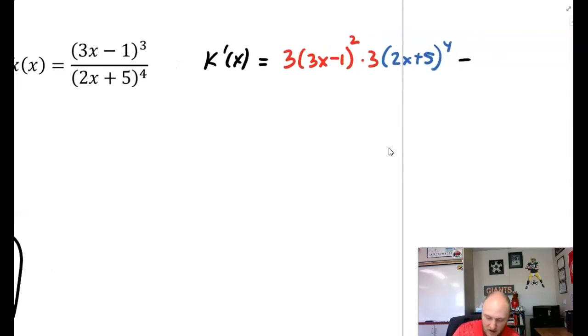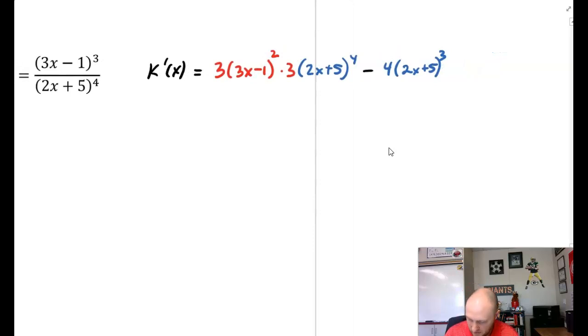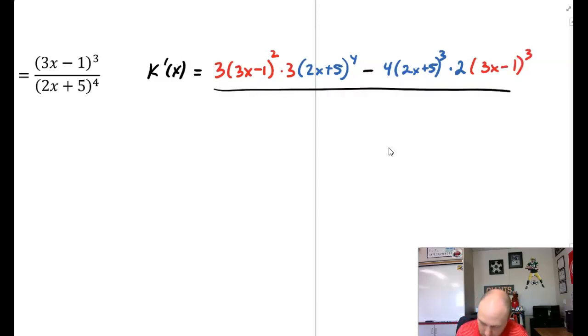minus derivative of the denominator, 4 times 2x plus 5 to the power of 3, now times the derivative of the inside, which is 2, okay, I have that chain rule there, now times the numerator, which is 3x minus 1 to the power of 3, okay, all being divided by 2x plus 5 to the power of 4.